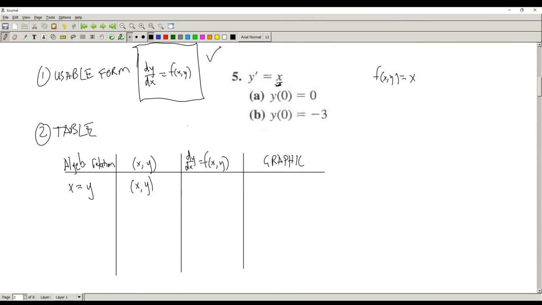If we have this f of x, y, if x is equal to y, we don't have a y, so x is equal to x. So it will just be x. What that means is our graphic, we would have a parabola.